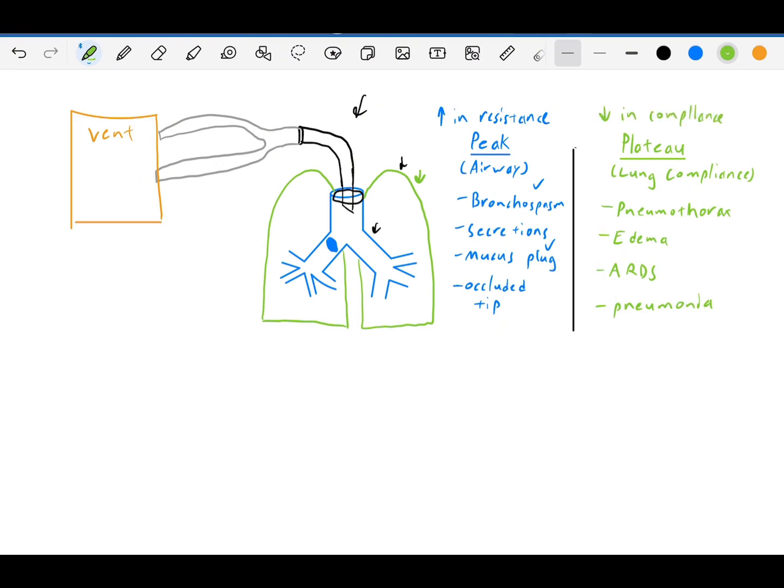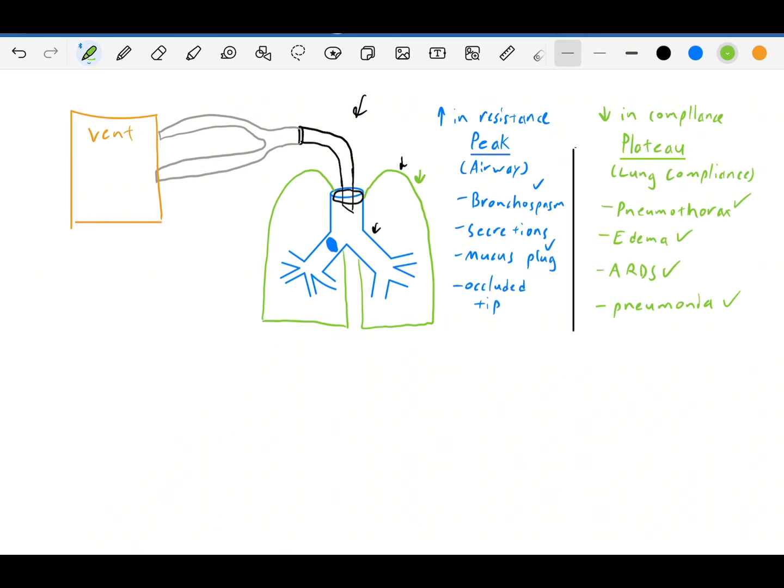I like to think of compliance as how stretchy the lungs are and how well they can open and close. What are some things that could decrease the compliance of a lung? One could be a pneumothorax, where you have a collapsed lung. It could be pulmonary edema, with fluid filling the alveoli so they have trouble opening up and closing. It could be ARDS, or it could be something like pneumonia.